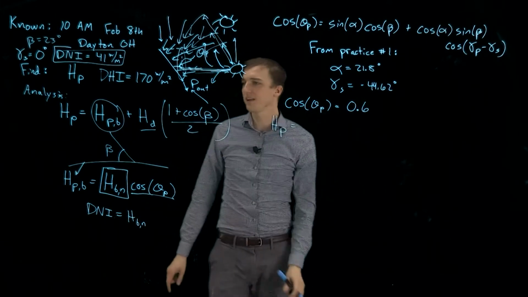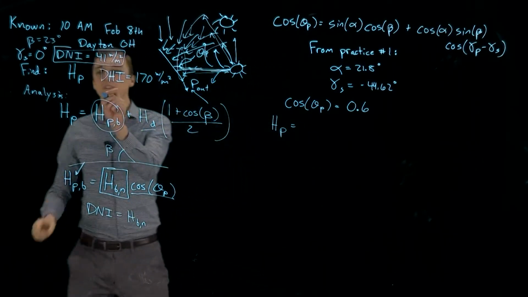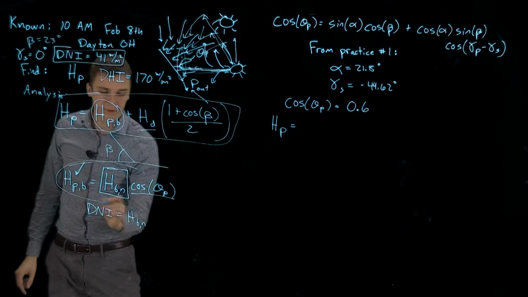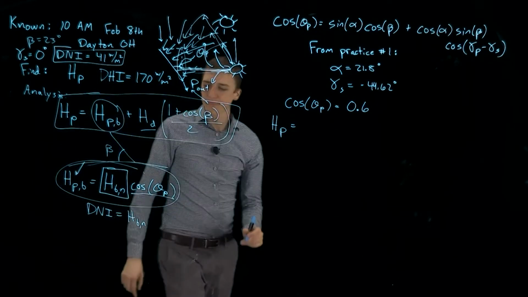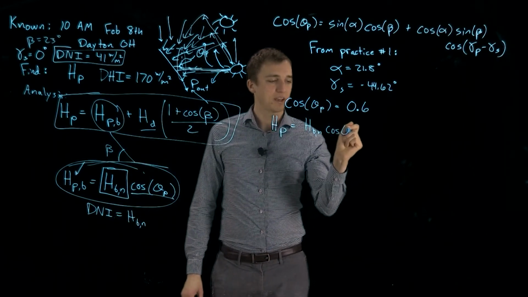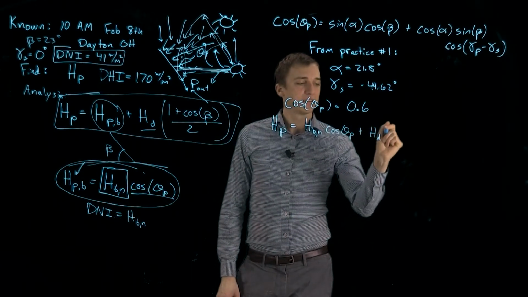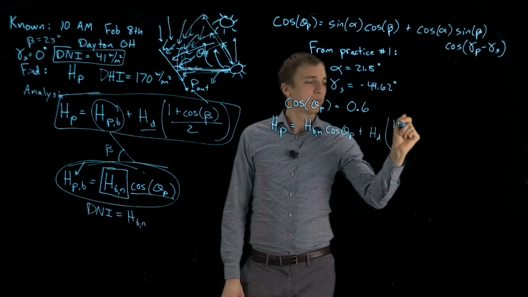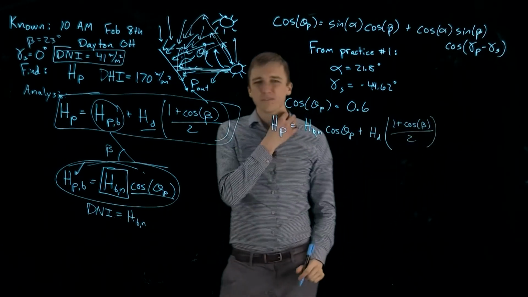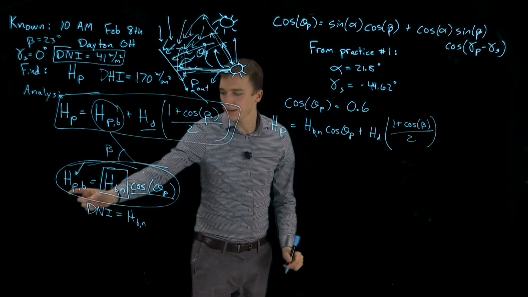Now that we know cosine of theta p, that's really the tricky part. We're ready to plug it into this equation where HPB is given by this. So HP is equal to HBN times the cosine of theta p plus HD times 1 plus the cosine of beta divided by 2. Okay, well, we know HBN, like I wrote here.